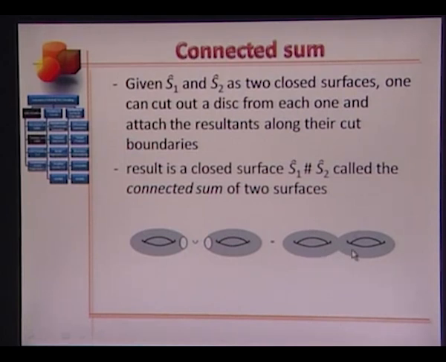Two questions here. Would this result, the connected sum of two tori, have any boundaries? And question 2, can this result behave as the bounding surface of a solid? You might want to think about them.